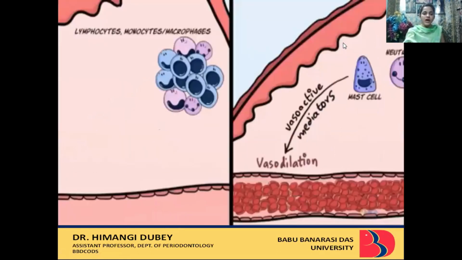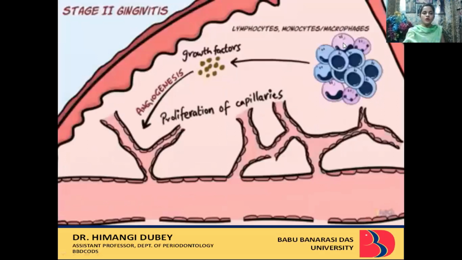Apart from vasodilation of the vessels caused by vasoactive substances, lymphocytes and macrophages produce growth factors, which help in angiogenesis and further proliferation of the capillaries. Also, the junctional epithelium at this stage becomes densely infiltrated by neutrophils, and under the microscope, neutrophils can be seen engulfing bacteria in the sulcular area.